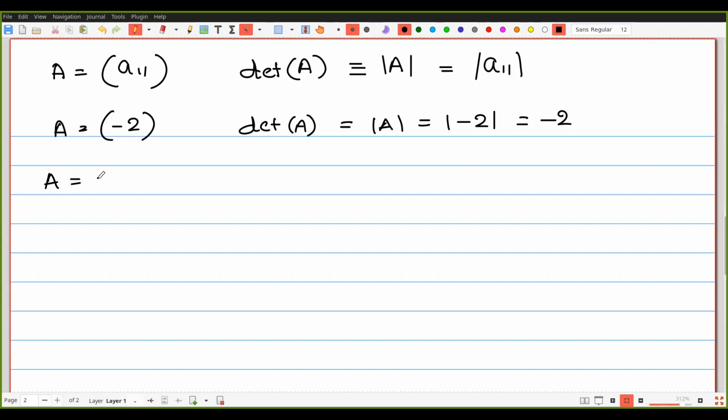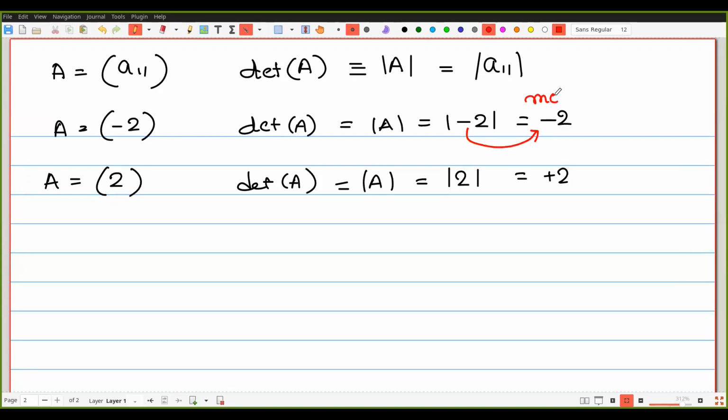Same if we have plus 2: the determinant of A is plus 2. That is an important thing, that is not the modulus value, that is simply a value.